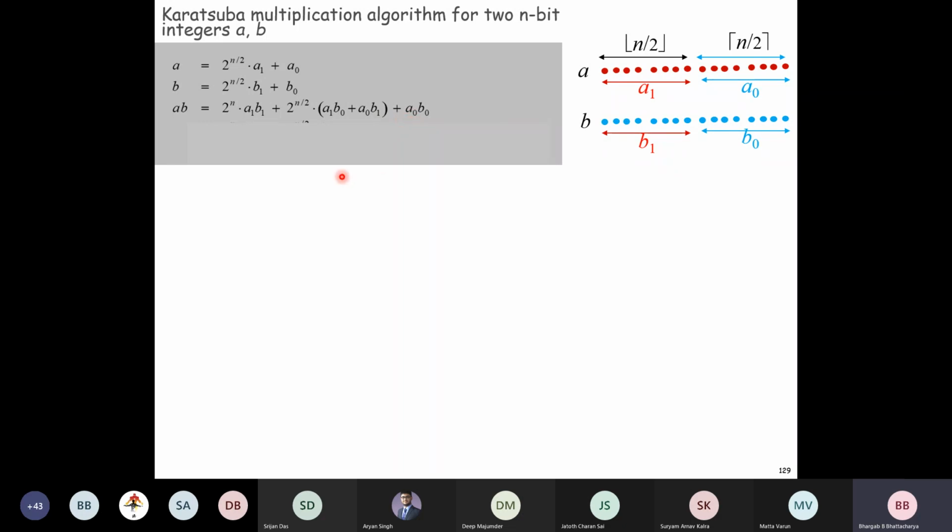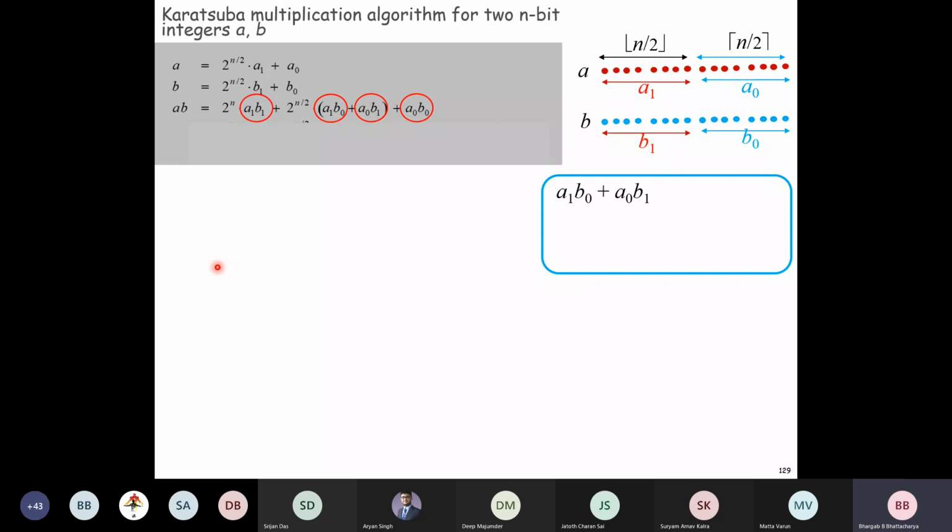So there are four smaller product terms you have to compute, right? If you compute 4 product terms, then even if you do divide and conquer, the quadratic complexity would not have improved. So what Karatsuba did is a very tricky piece of simple algebra here. These are 4 terms that you need to compute, and if you compute these 4 product terms, then the complexity will not improve.